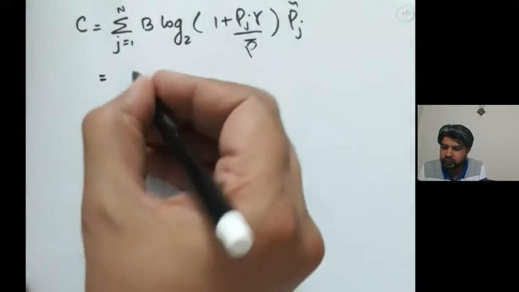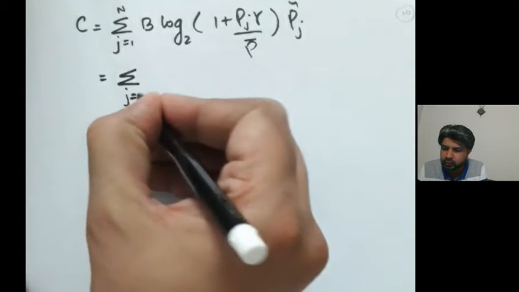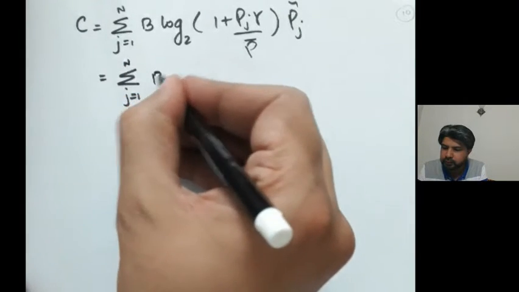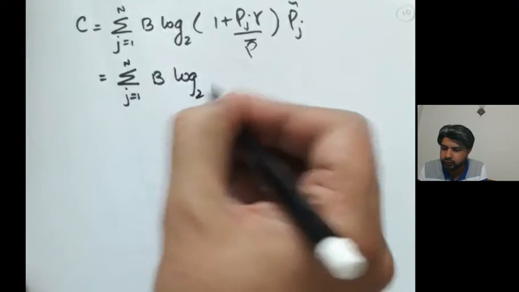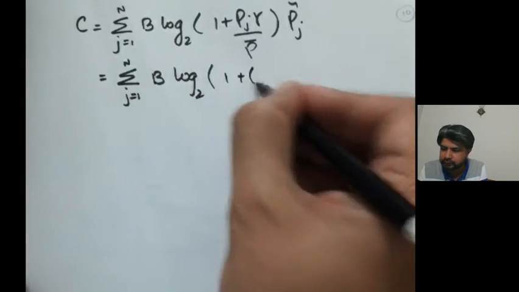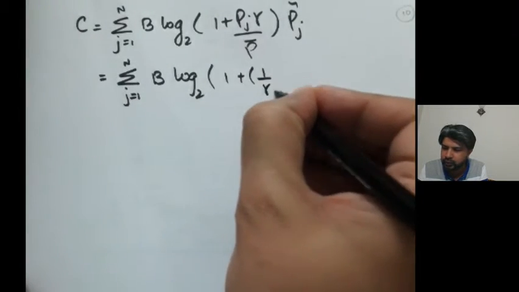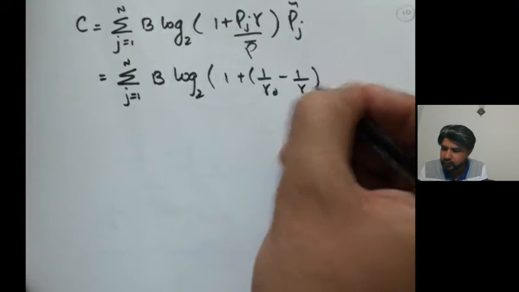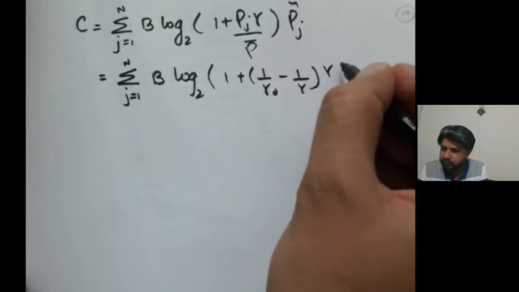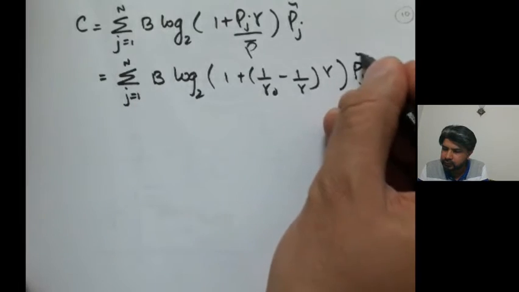So that would be equal to the summation j equals 1 to capital N of B log base 2 of 1 plus 1 over gamma naught minus 1 over gamma times gamma Pj tilde.